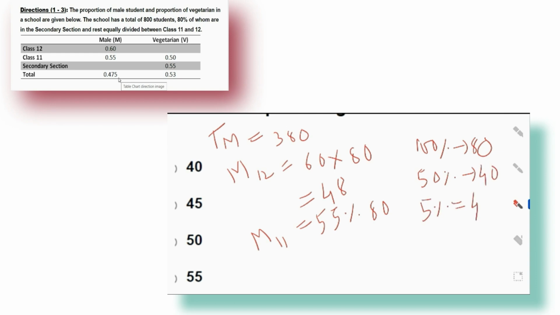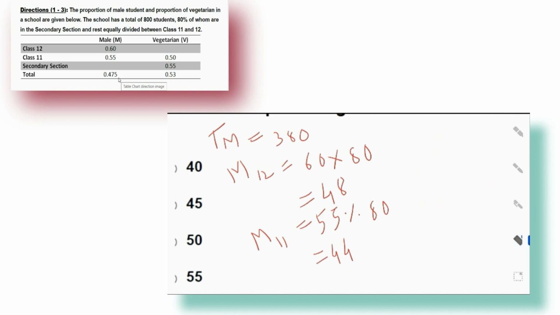So 55%, that is 50 plus 5, so that is 40 plus 4, that is 44. So male students present in class 11 are 44, in class 12 that is 48. I hope you understood how to calculate this.